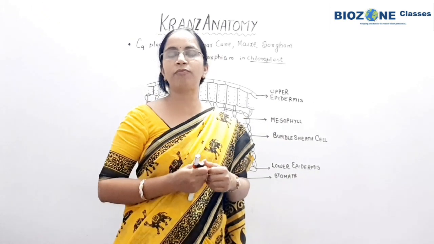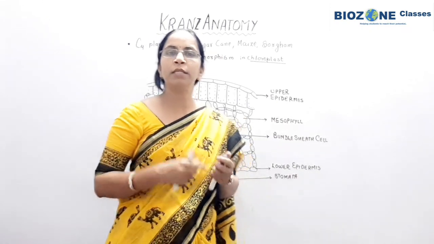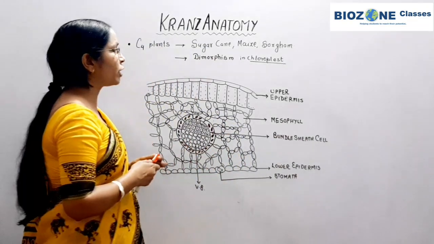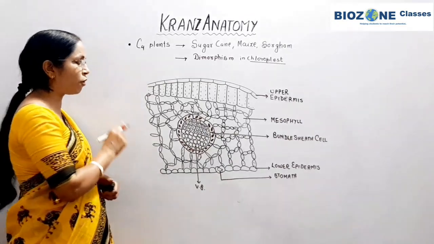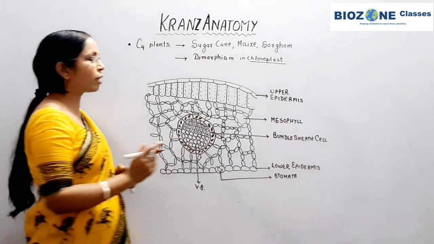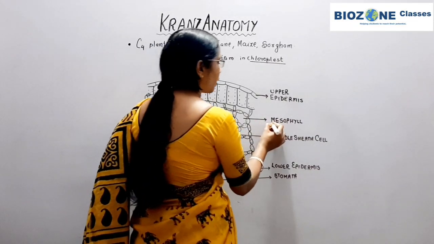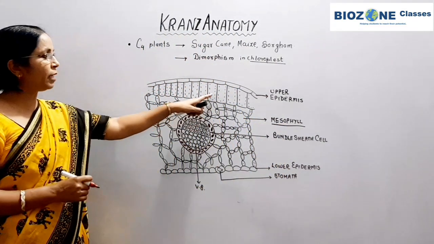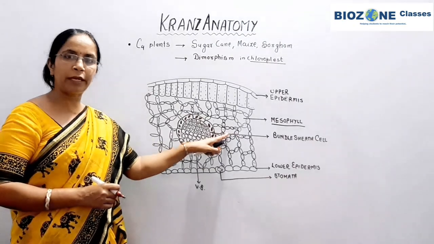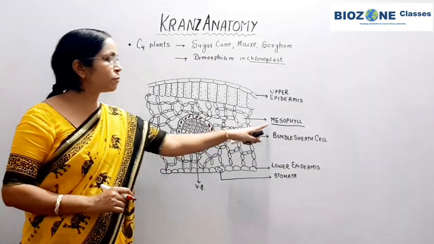Why does this happen during the C4 cycle? When we view the leaf of a C4 plant, it shows the mesophyll tissue. Mesophyll means the palisade parenchyma and spongy parenchyma, combinedly called mesophyll.